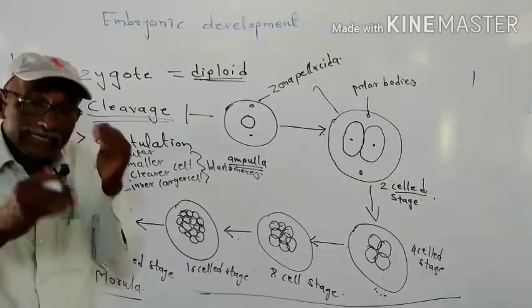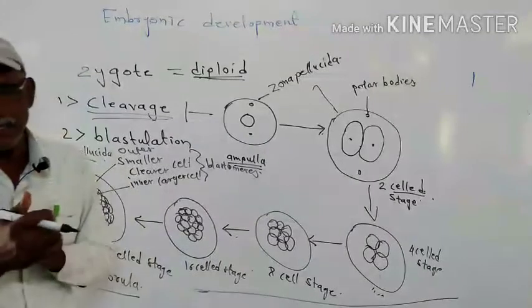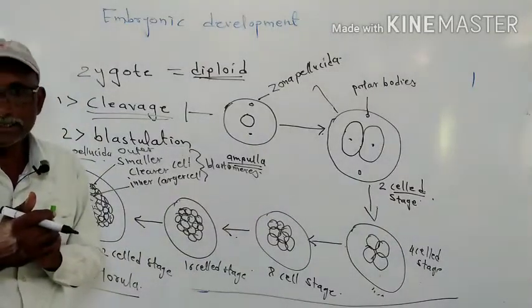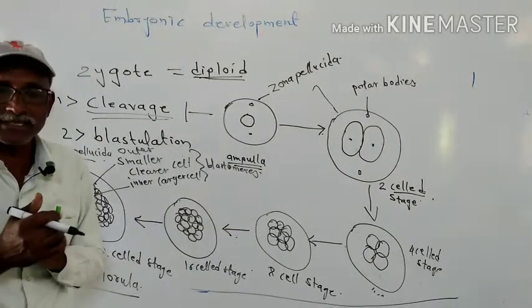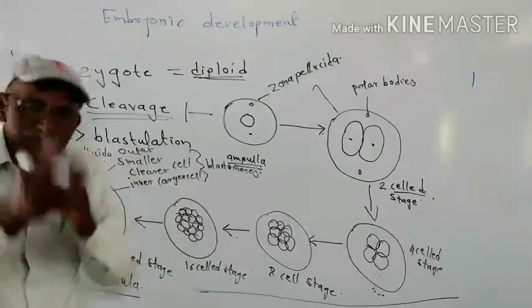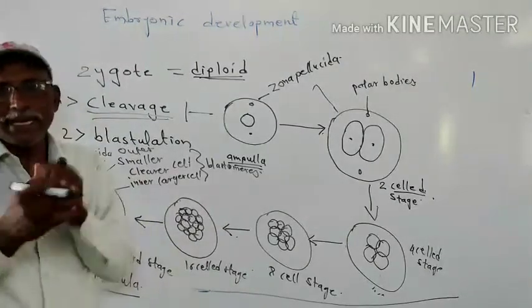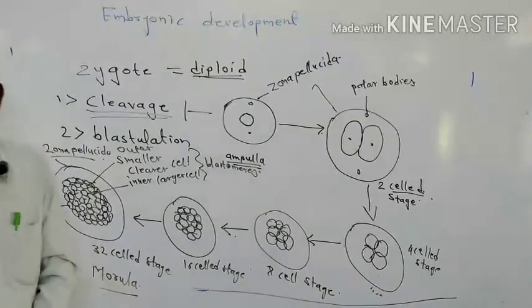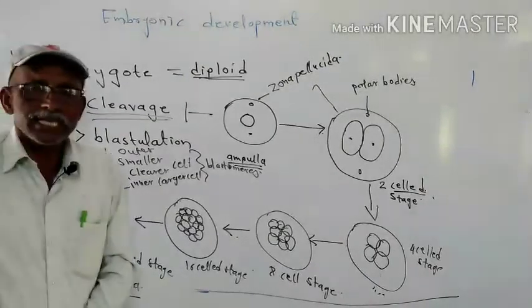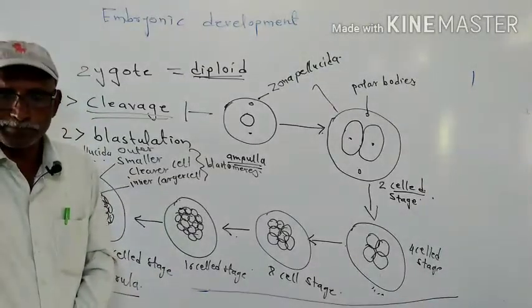Only what changes? The size of the cell. They get smaller and smaller as there is repeated division.